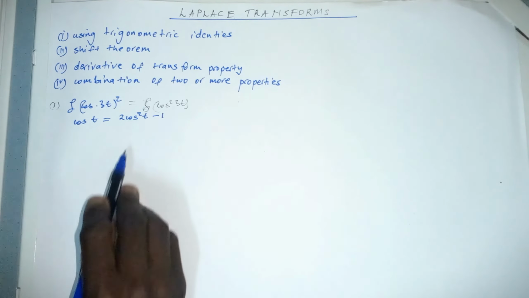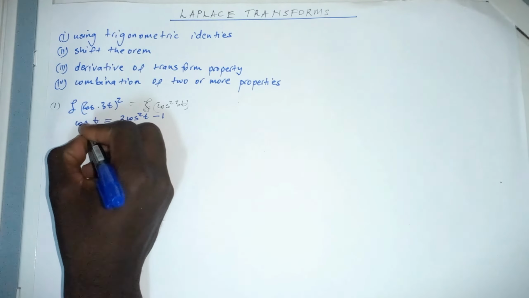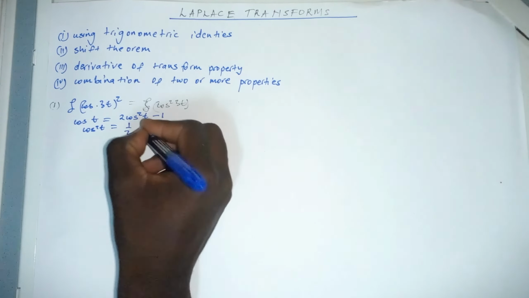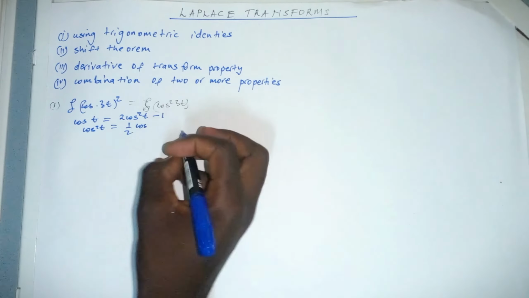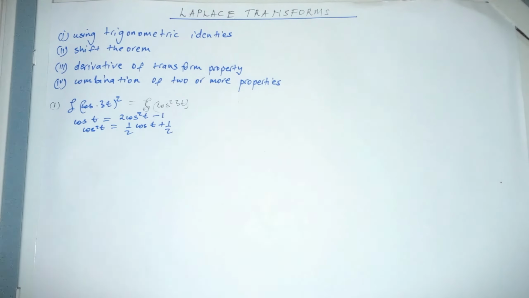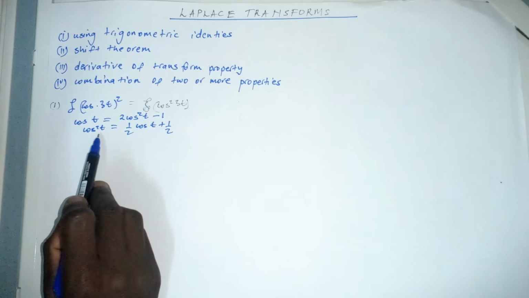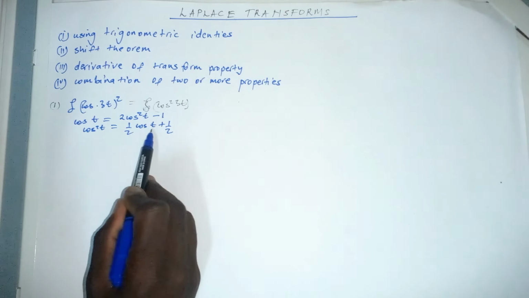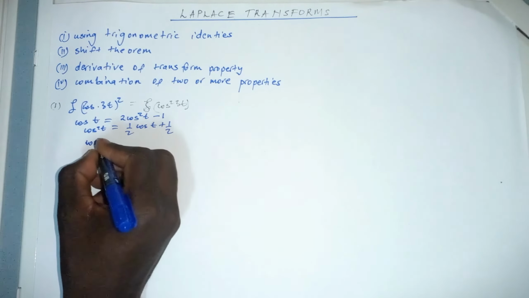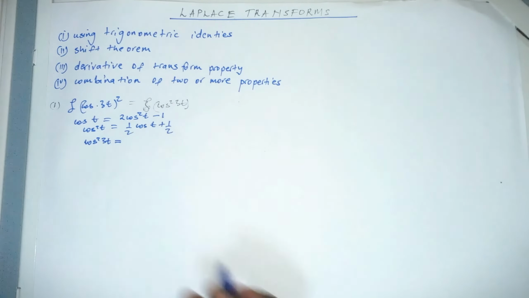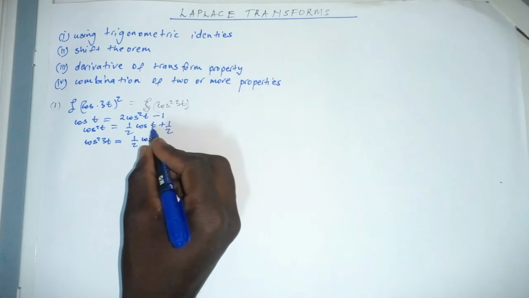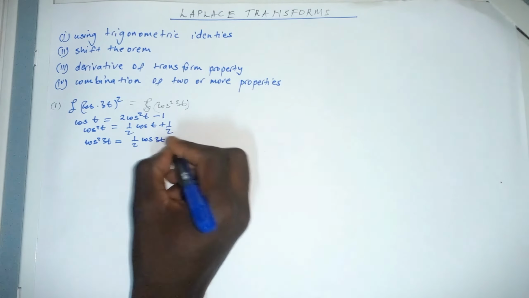If we make cos squared t the subject of the formula, we're going to see that cos squared t is equal to 1/2 cos 2t plus 1/2. So that means cos squared of the angle t is equal to 1/2 cos 2t plus 1/2, and in this case our angle is 3t, so that means cos squared 3t is equal to 1/2 cos 6t plus 1/2.